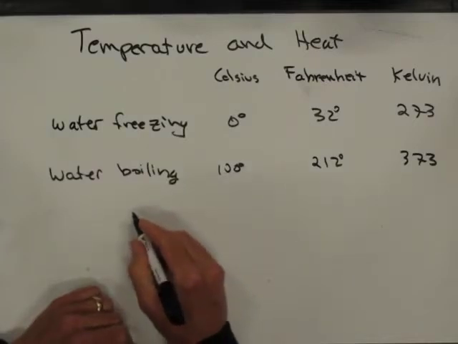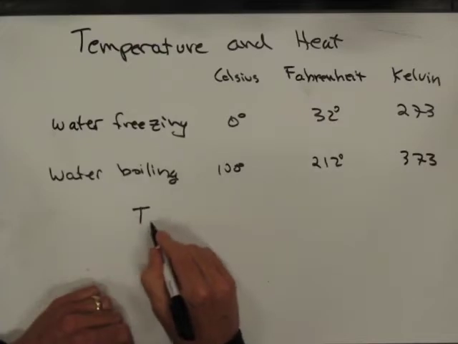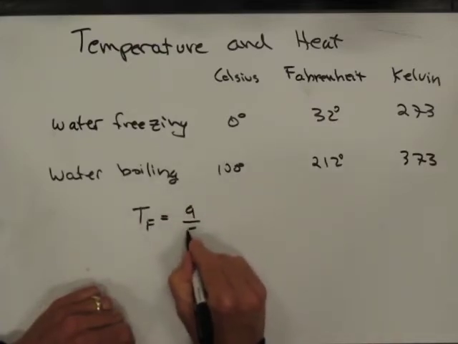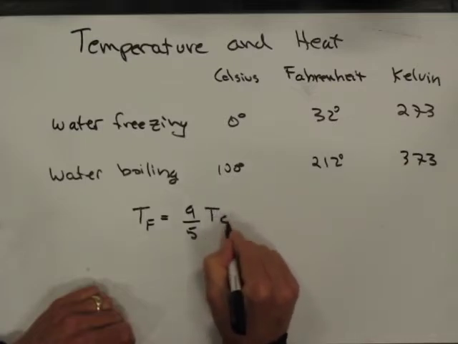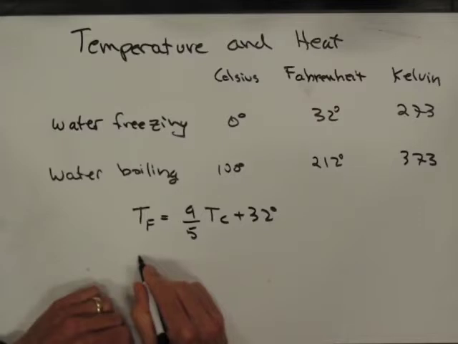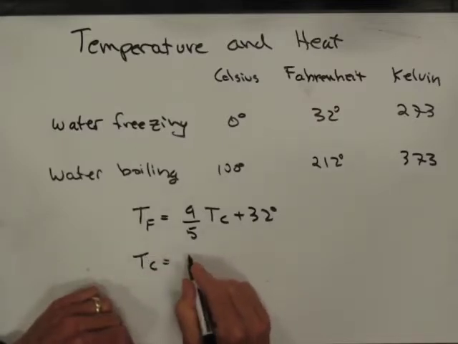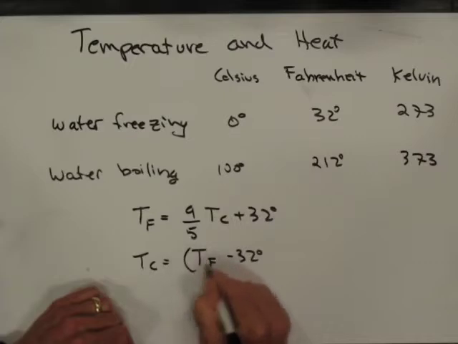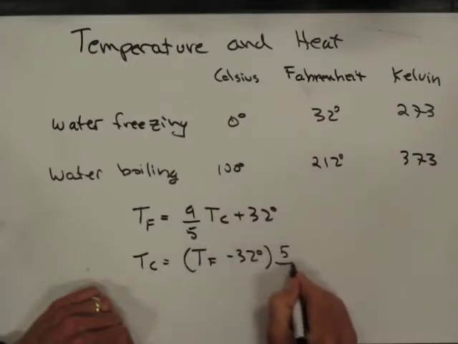And so we can write these things a few ways. We can say the temperature in Fahrenheit is equal to 9/5 times the temperature in Celsius plus 32 degrees. If we reverse that, the temperature in Celsius is equal to the temperature in Fahrenheit minus 32 degrees times 5/9.